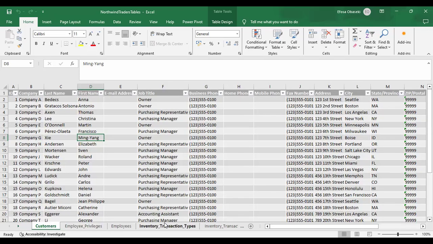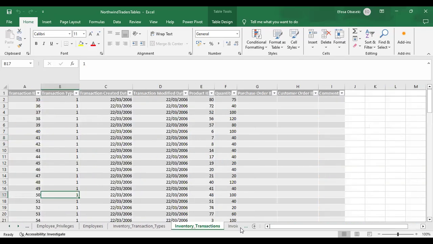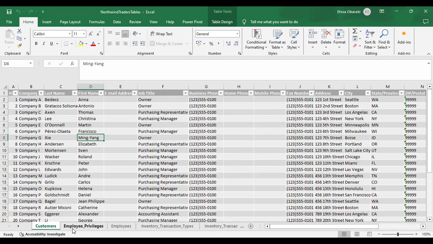Now, we are interested in some tables here. One is the customers table, because the data we are working with has to do with sales, right? So the customer table is one of the ones we are going to use.